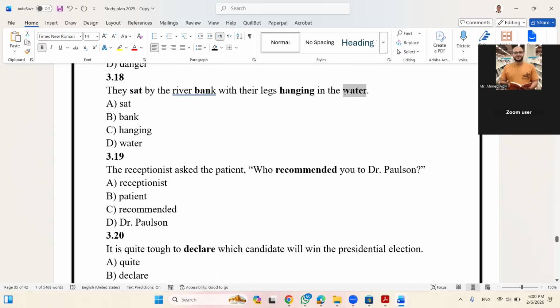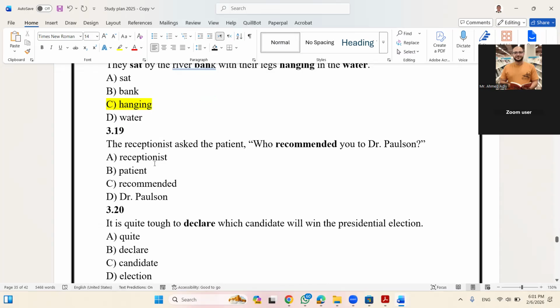Which one does not make sense here? Hanging. Okay, test it first. Replace it with another word. They sat by the river bank with their legs flowing in the water. Touching the water, flowing in the water, dangling. Yeah, if something is hanging, it should be from the ceiling, right? From the top.